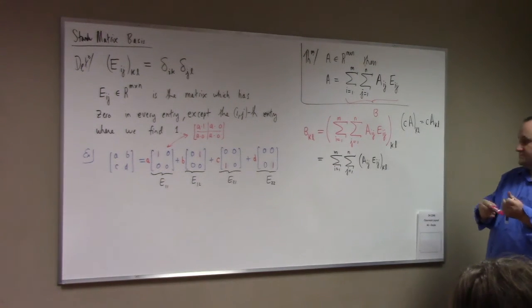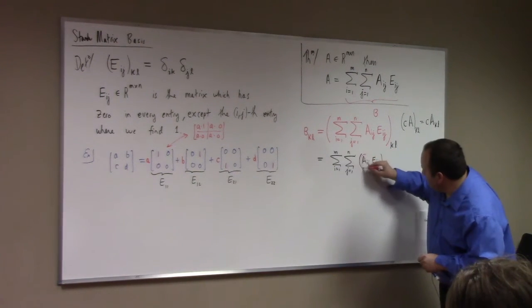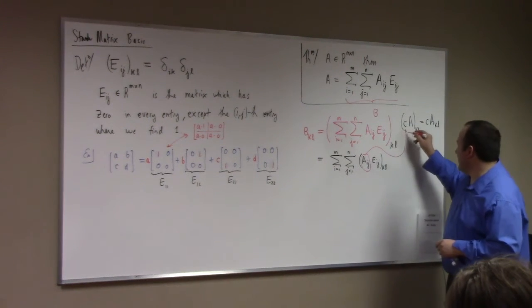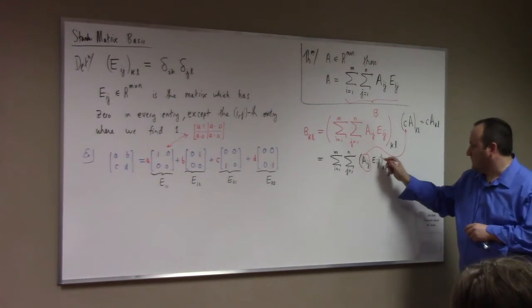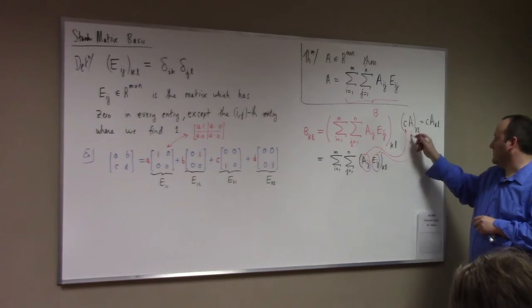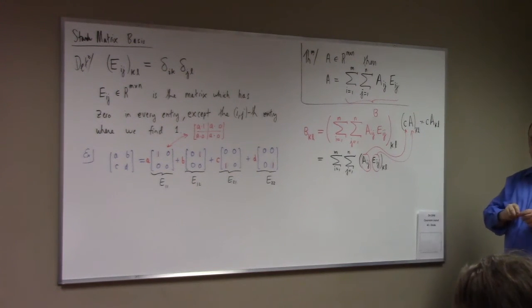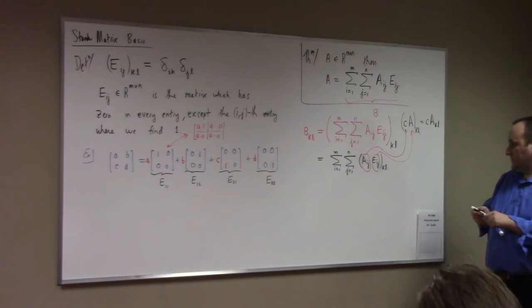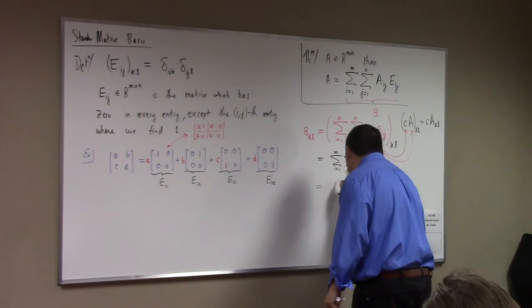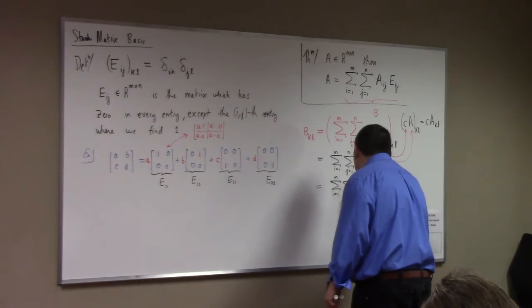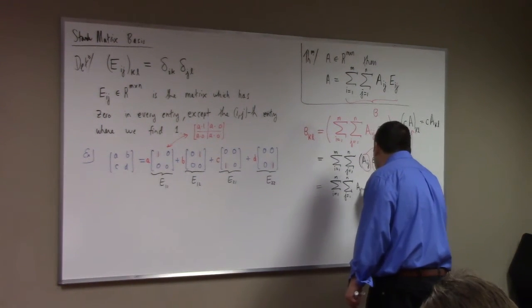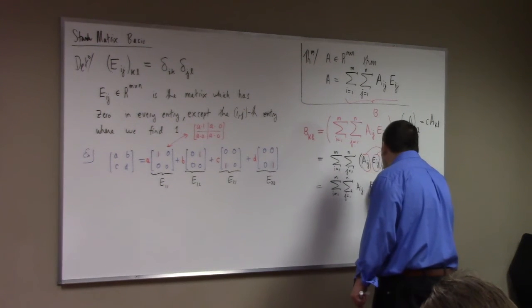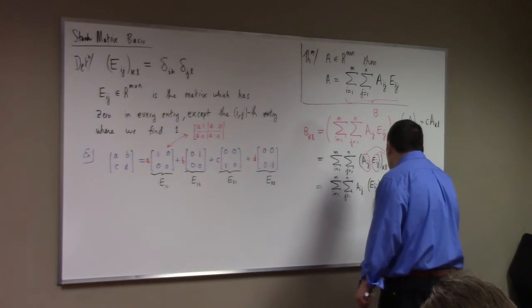So think of this right here as being that constant, and think of the E_ij as playing the role of the A. So by definition of scalar multiplication, this is just the sum i equals 1 to m, sum j equals 1 to n of a_ij, (E_ij)_kl.